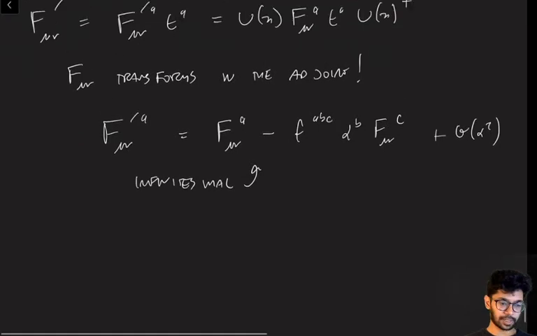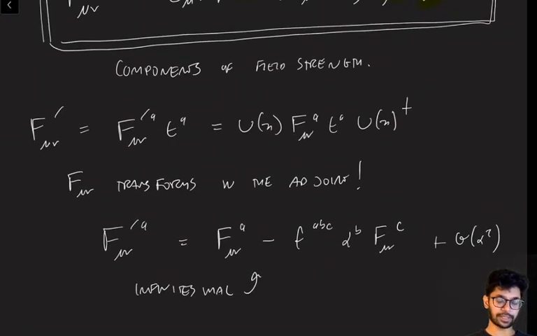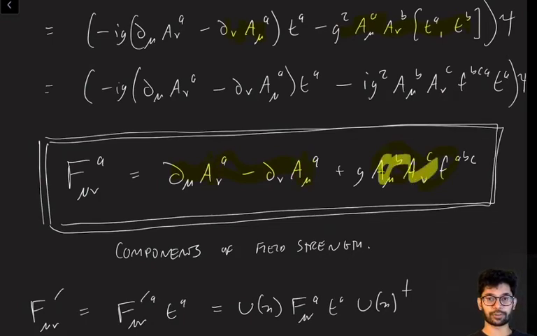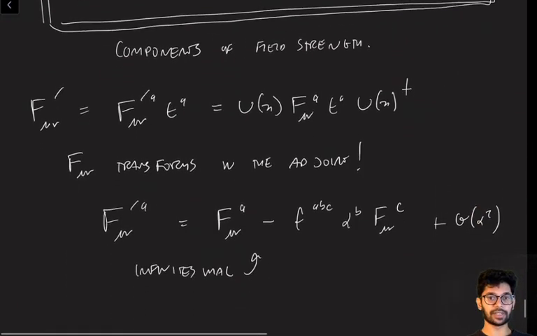So this we have argued a bit abstractly from thinking about the commutator. You can also prove this explicitly, and the way to do that is to take all of the A's appearing here and explicitly gauge transform each of them, and you will see that this transformation comes out.